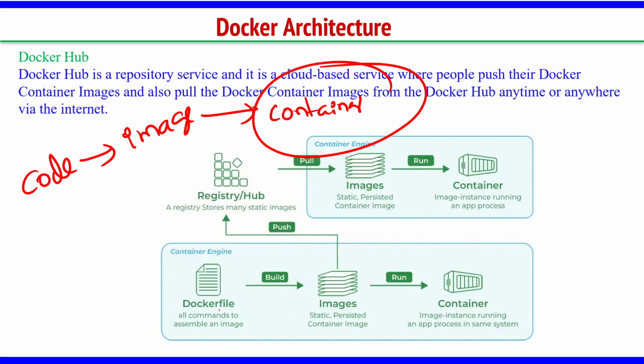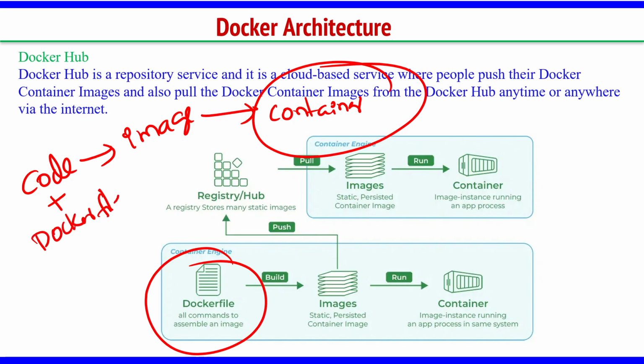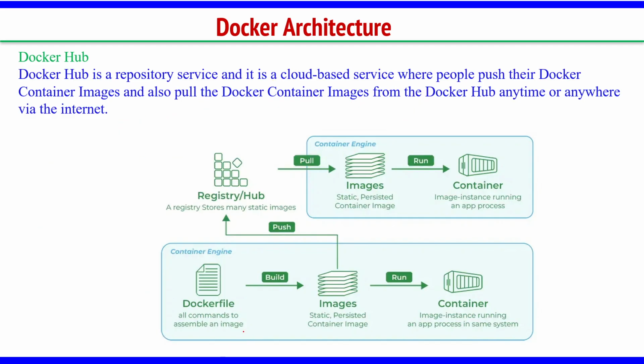The Dockerfile is one important component here: code plus Dockerfile together will help me create an image. See here, the Dockerfile helps me build an image. To run this image I will put it inside the container. The container is an image instance running an app process in the same system, in the same server.